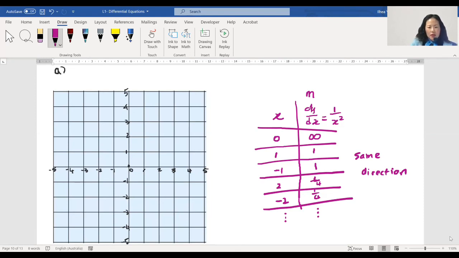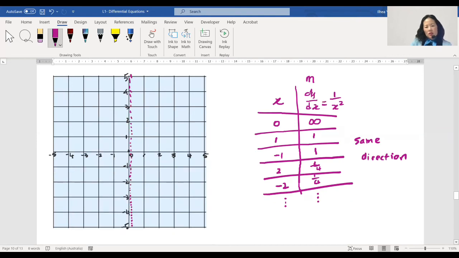So let's have a look. Now, we've got a dotted line because it's my asymptote, because x cannot be 0. So I've done that. Now, when it's 1, it's 1, but if you compare to the next one, this is a really good idea, because we're getting smaller. What does that mean? It means it's going to go horizontal. It's flattening out. Eventually, it's going to flatten out like that, like that.